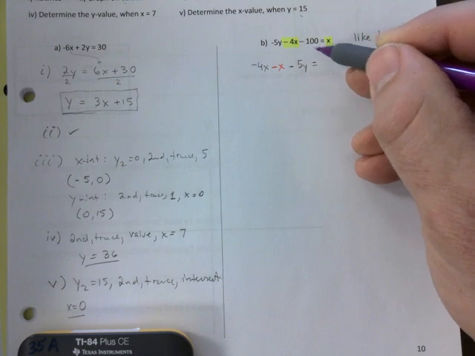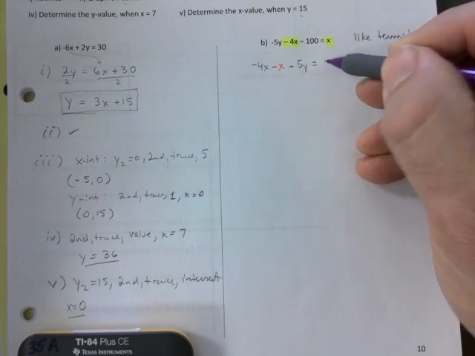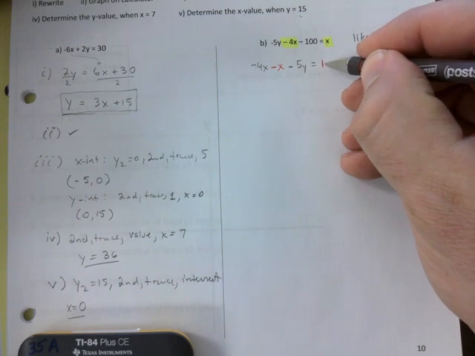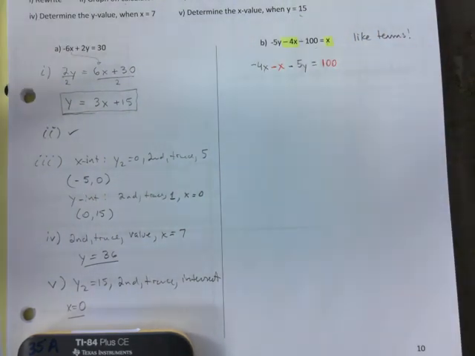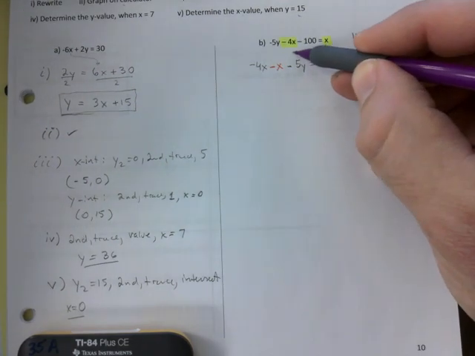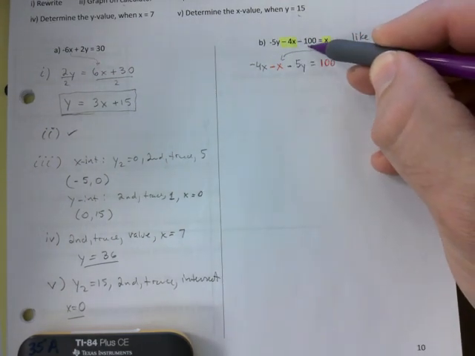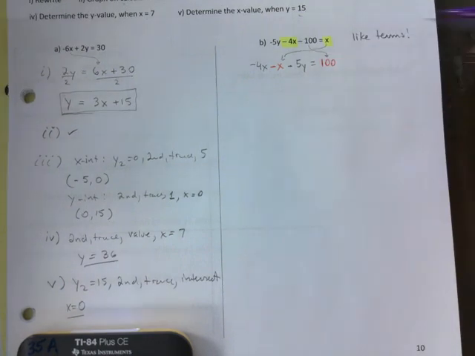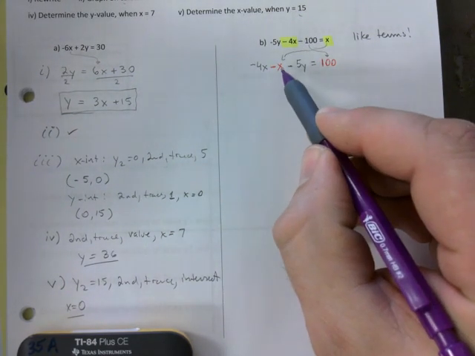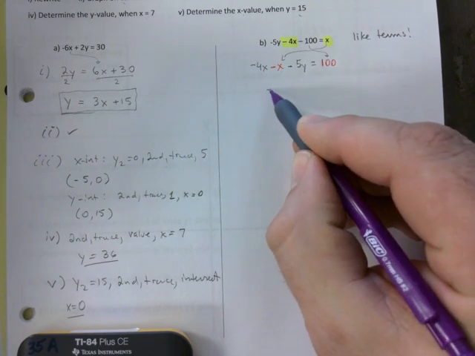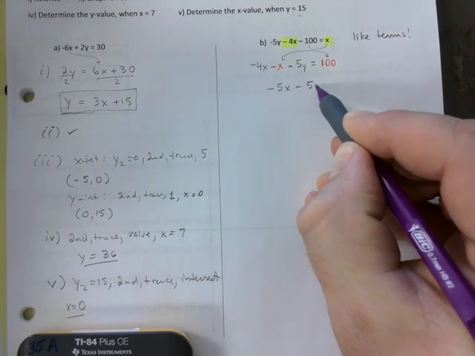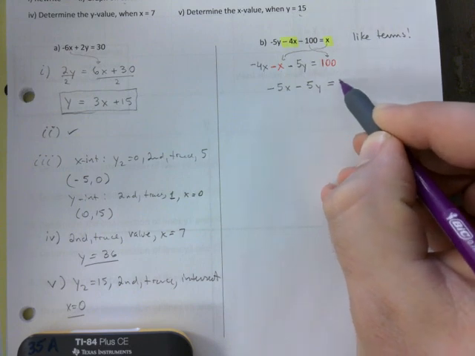I will bring the negative 100 over to this side. Why don't we use a red pen for that one and just say, hey, that one came over. So I will make an arrow here, and an arrow here. Negative 4x and negative x is negative 5x minus 5y is equal to 100.